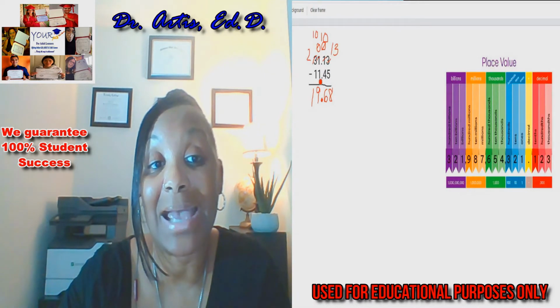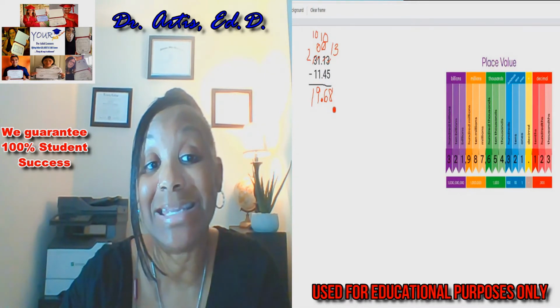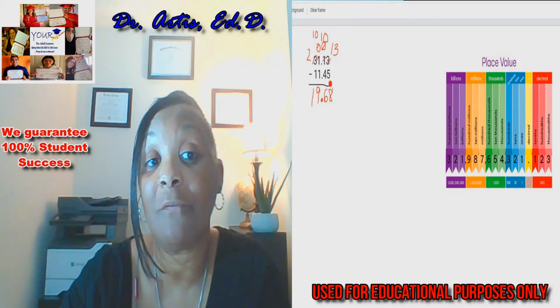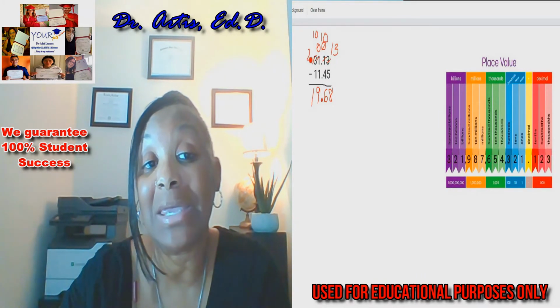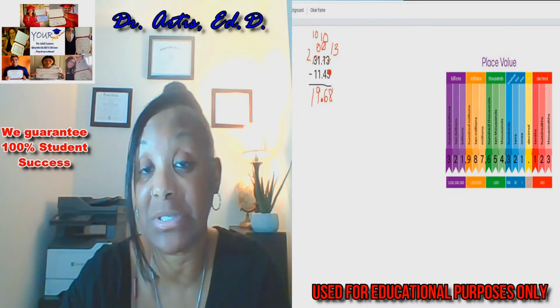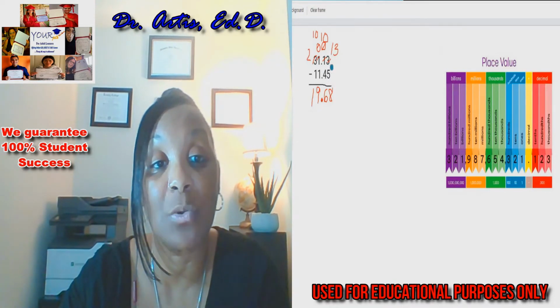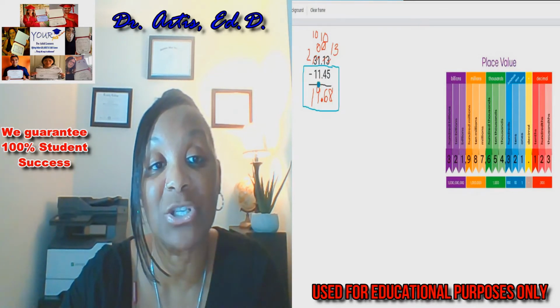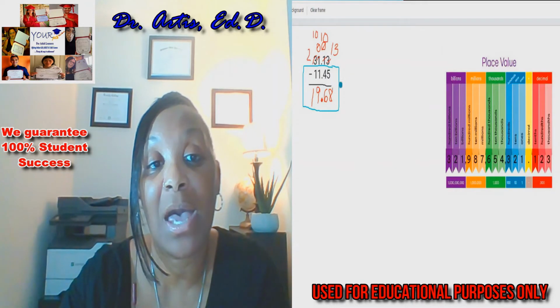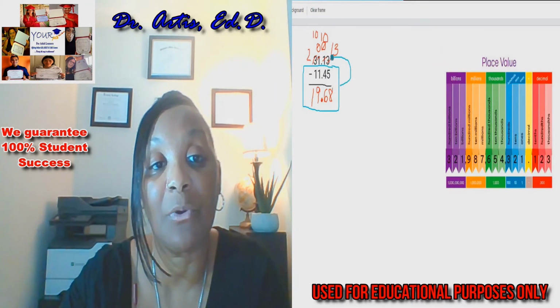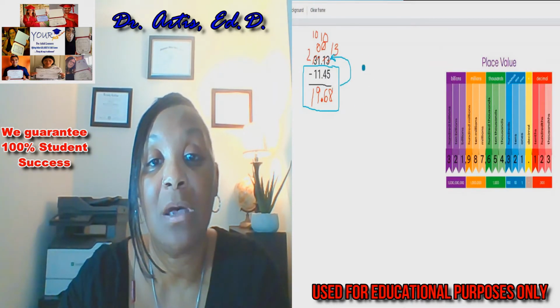Now we can check this answer by adding 19.68 and 11.45 so that we can get 31.13 if we add the two. So let's do that. We're going to check our answer by adding these two. We're just going to reverse the subtraction by adding these two, and we should get this number right here when we do that. So let's do that.